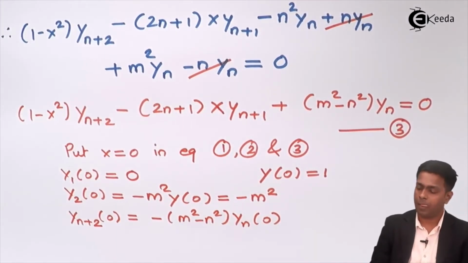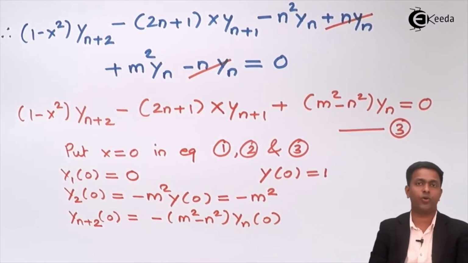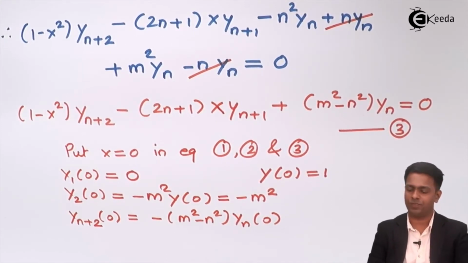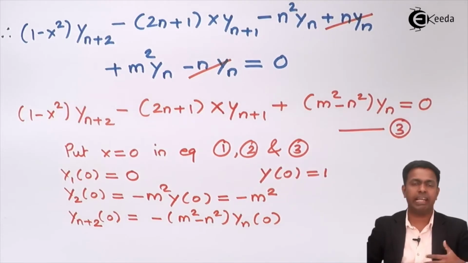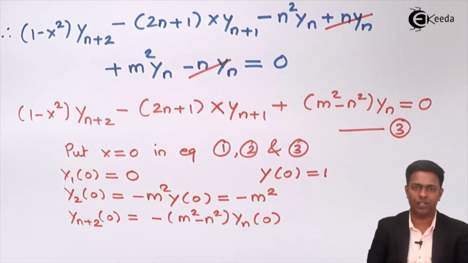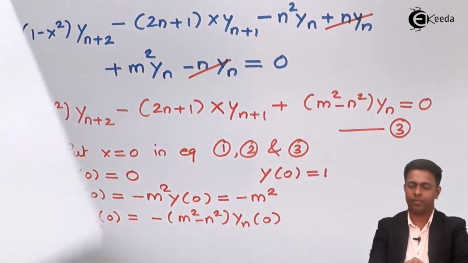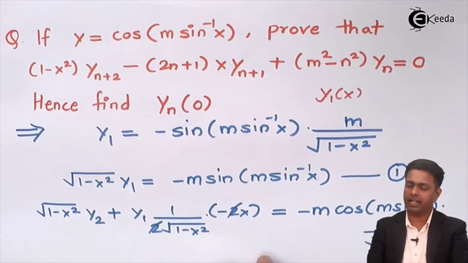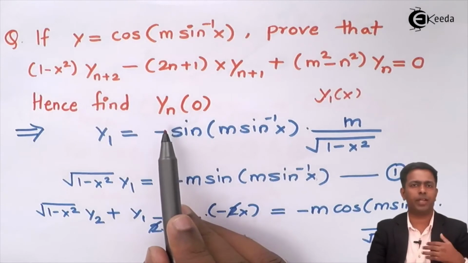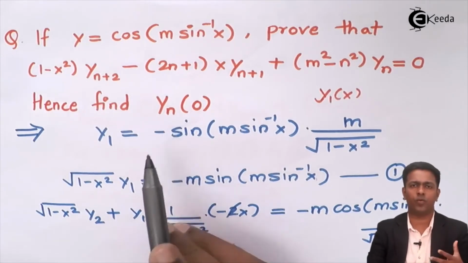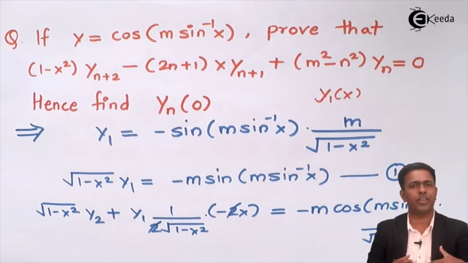Now guys, the question is, we have to find the value of yn of 0. So here we got the relationship. Now to get the answer of yn of 0, you can see that n can have different values. So n can be 1, 2, 3, 4, 5, 6 and so on. So we can say that n will be even or n will be odd.